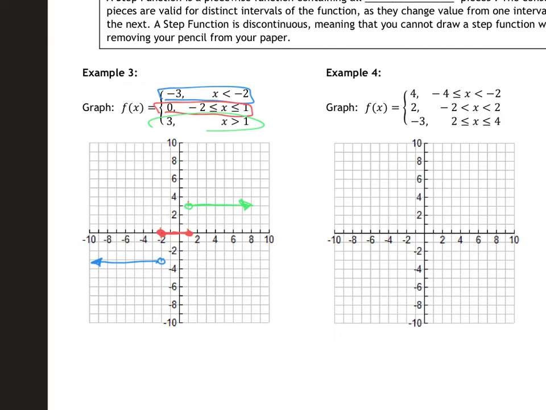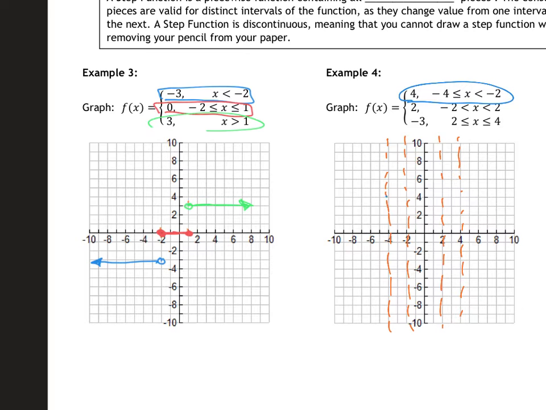So once again, my bounds are at -4, -2, 2, and 4. Just get my little boundary so it kind of splits it up into your different sections. So y is going to equal 4 between -4 and -2.